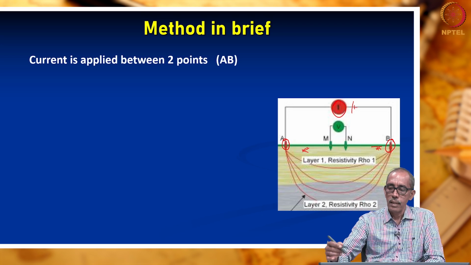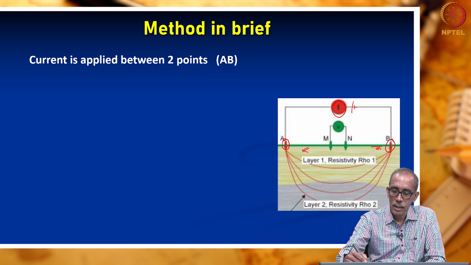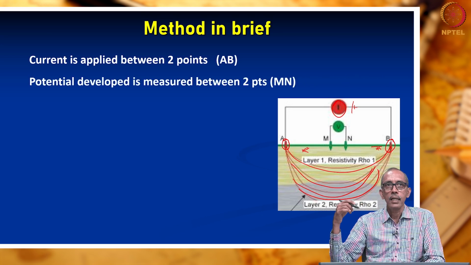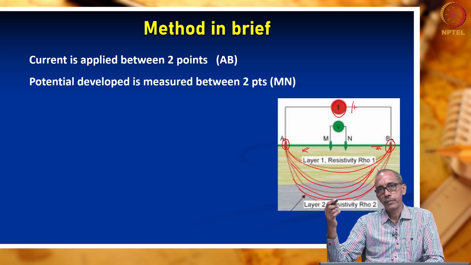Now, as we have started applying current, current goes into the earth, as you see here in this diagram. The flow of current generates some potential. Some potential is developed due to the applied current.